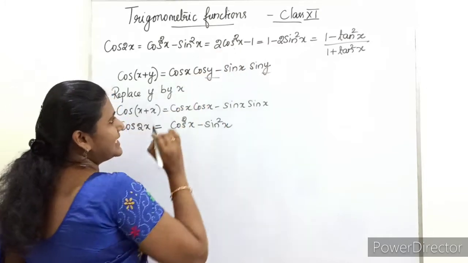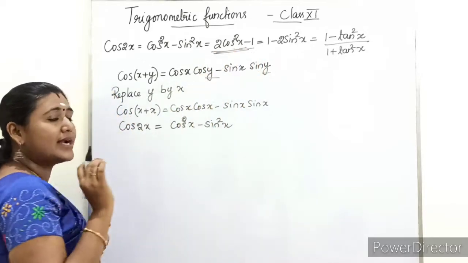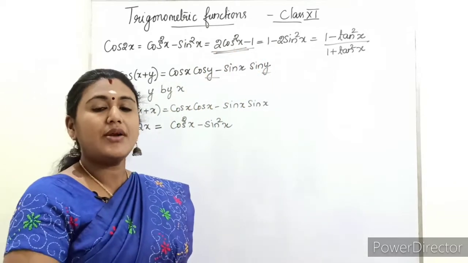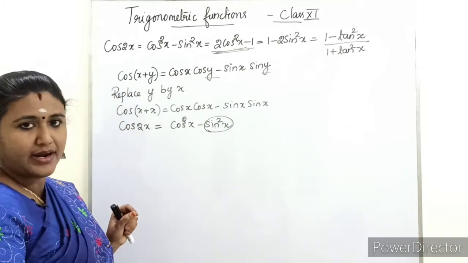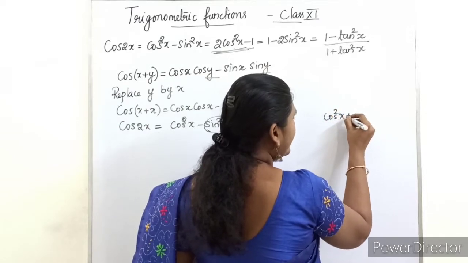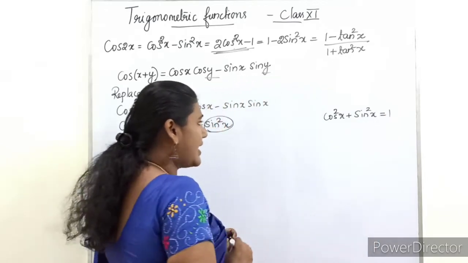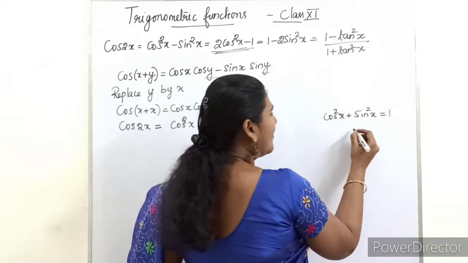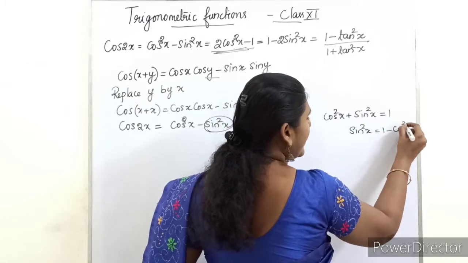Now we will prove the second formula. In the second formula we have only cos square x, so we have to replace sin square by cos square. We know the identity sin square x plus cos square x is equal to 1. From this, sin square x is equal to 1 minus cos square x.